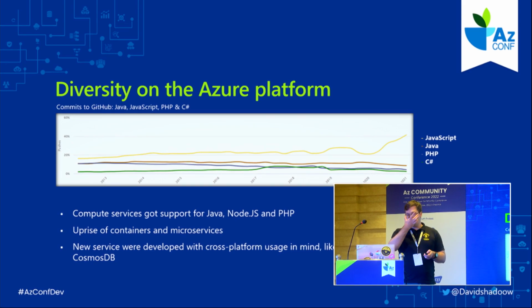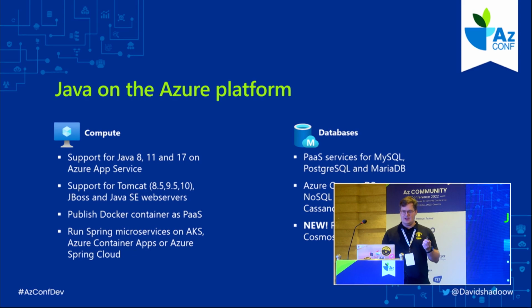So then if we look at what we have nowadays on the Azure platform that really works well with the Java ecosystem, we have a couple of things. In the realm of compute, there's now support for Java 8, Java 11, and since April this year, also Java 17 on Azure App Service.